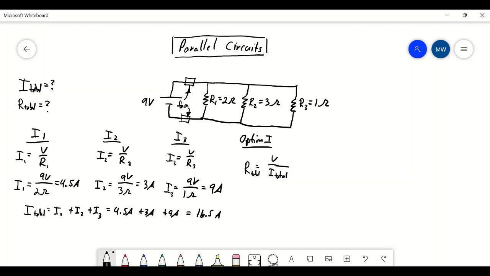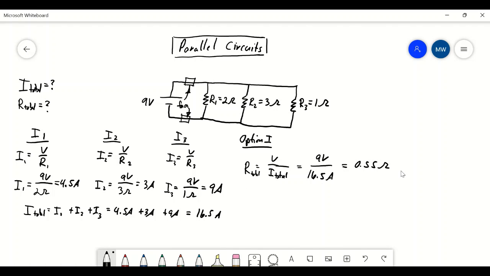Sometimes it's also called equivalent resistance. So I have my 9-volt battery divided by my 16.5 amps, and I get 0.55 ohms. So we'll call this option 1. We don't have to use anything else other than Ohm's law once we have the total current. There is another option.